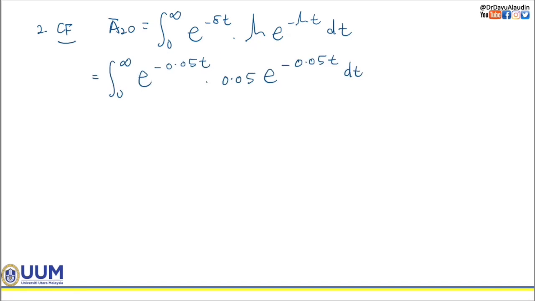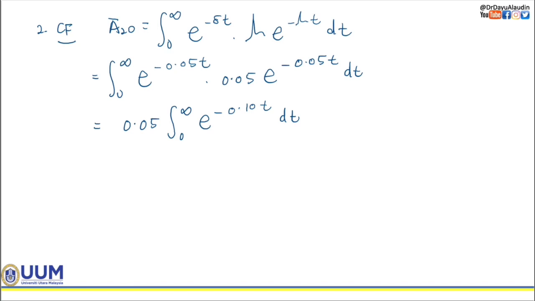And then we substitute the values inside, and mu is equal to 0.05, and delta is also equal to 0.05 according to the question. And then we solve for the integration.